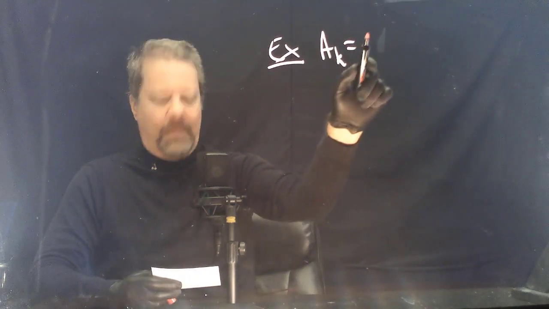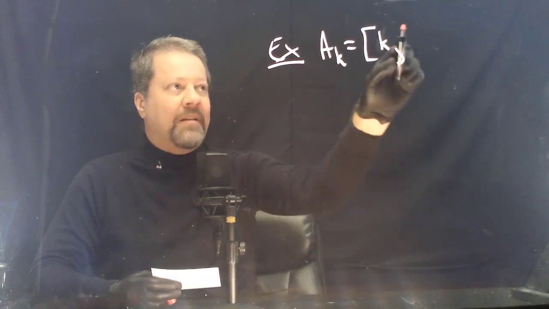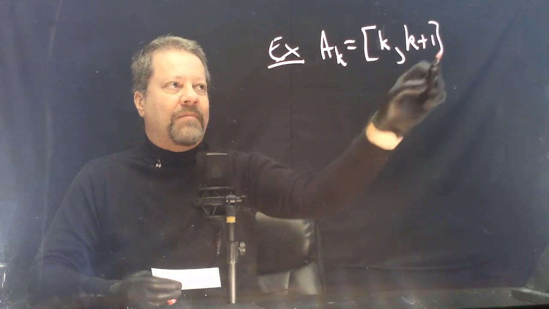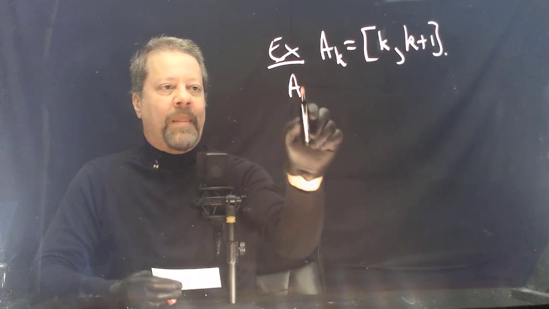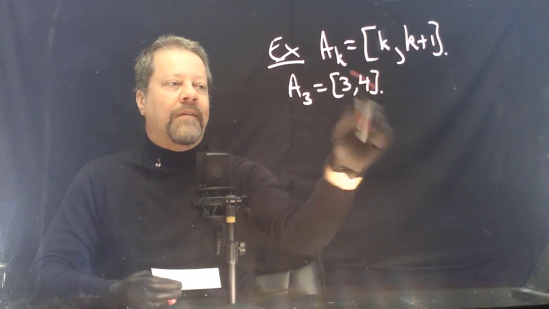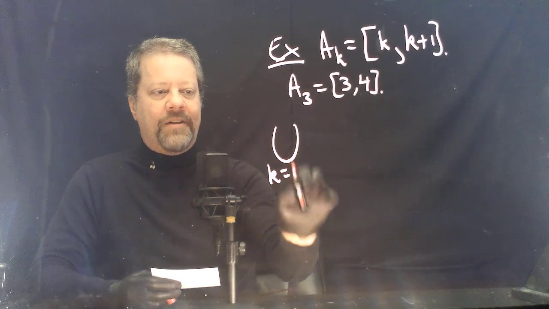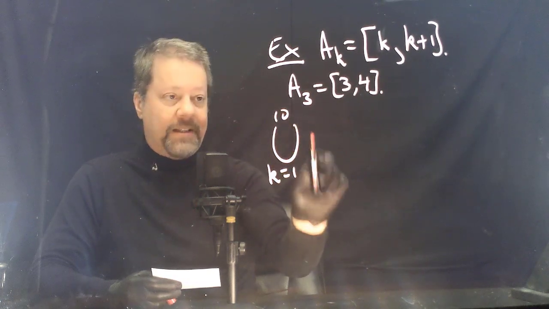As an example, suppose I have sets A sub k, and they're equal to the closed interval from k to k plus 1. So for example, A3 will be the closed interval from 3 to 4. Let's take the union as k goes from 1 to 10 of these A sub k's.